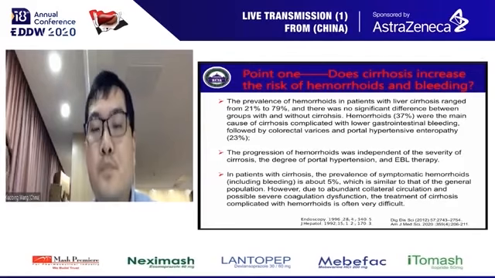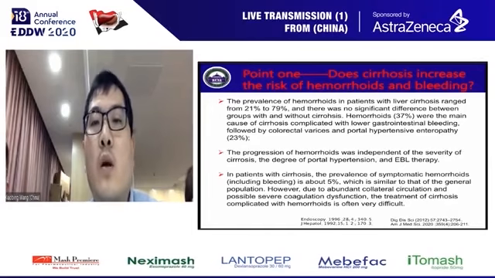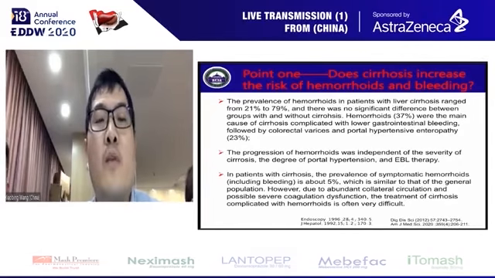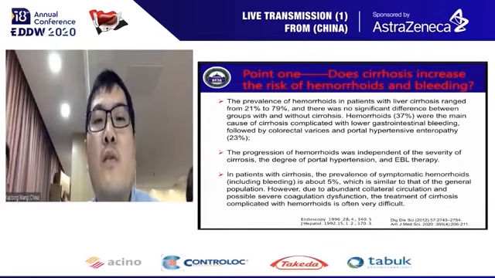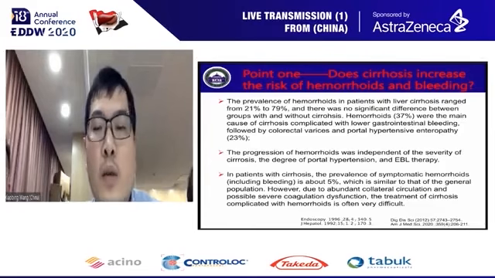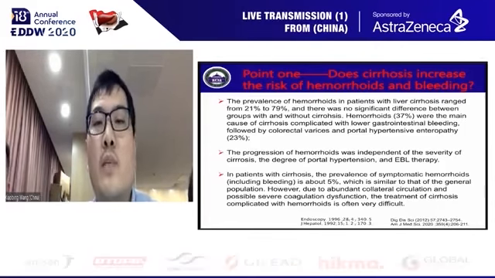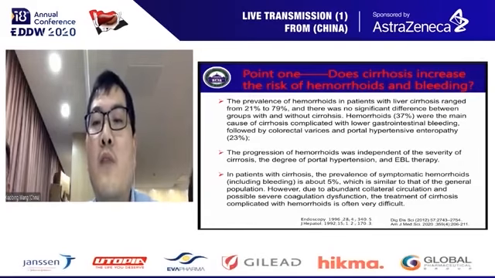Hemorrhoids, accounting for about 37%, were the main cause of lower gastrointestinal bleeding in cirrhosis, followed by colorectal varices and portal hypertensive enteropathy, about 23%. The progression of hemorrhoids was independent of the severity of cirrhosis, the degree of portal hypertension, and EVL therapy.